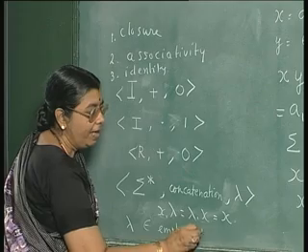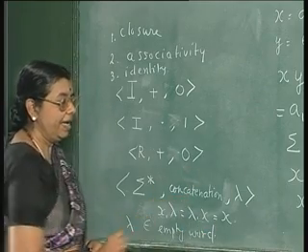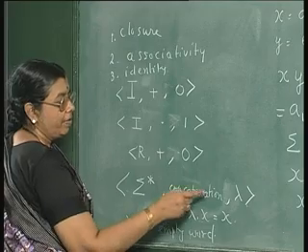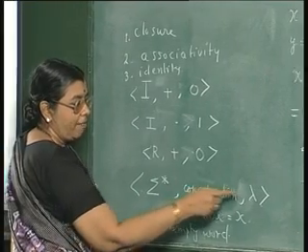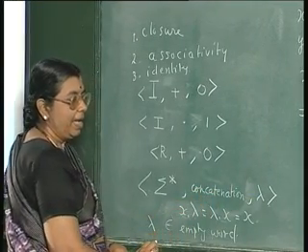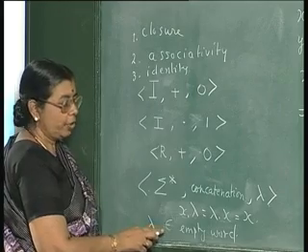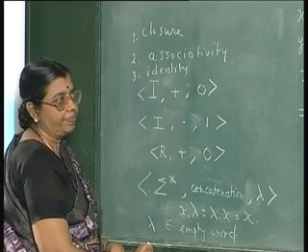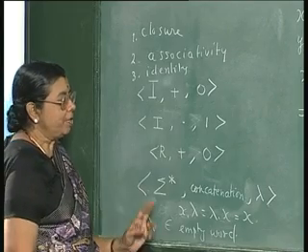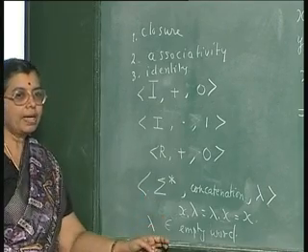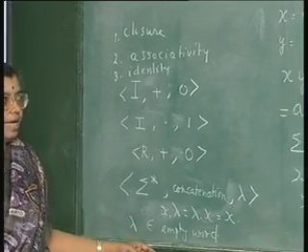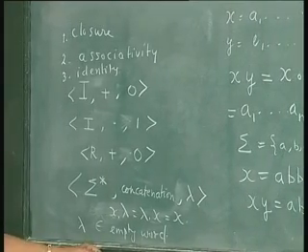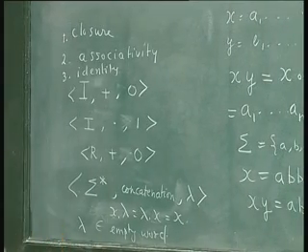Here empty word serves as the identity element. So, sigma star is again a monoid with respect to concatenation operation, where the identity element is given by lambda, or sometimes it is also denoted by epsilon. Sometimes you say that sigma star is a free monoid generated by sigma. That is the usual terminology used in automata or formal language theory.